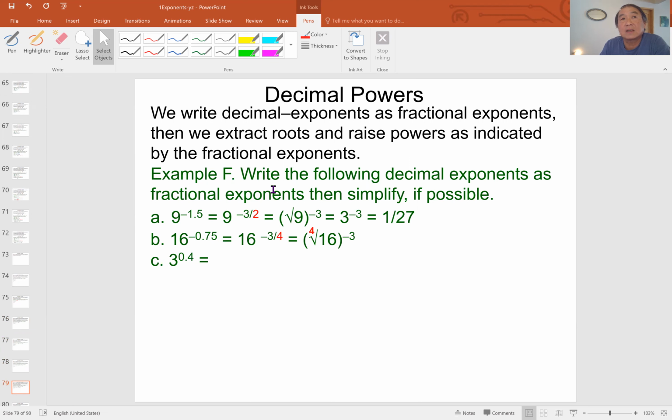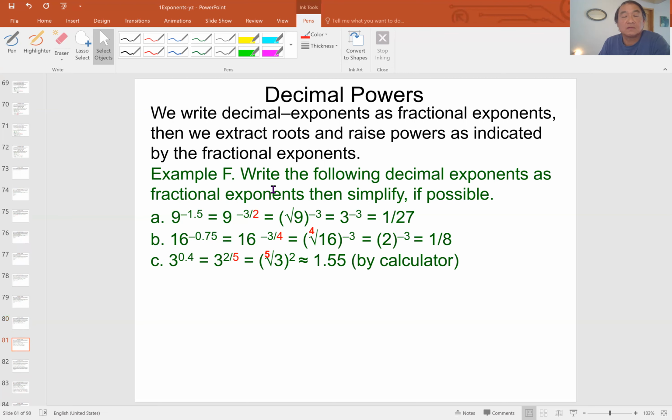The 4th root of 16 is 2, and 2 to the -3 is 1/8, the reciprocal of 2 to the 3rd power. So that's 1/8. 3 to the 0.4, that's 3 to the 2/5, and I don't know what 3 to the 2/5 power is, so this is a calculator problem.